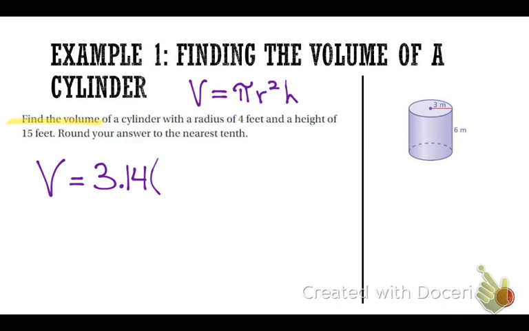Read the problem. What is it, Robbie? It's 4. Okay, so I'm going to plug in 4 where r went in the formula. I have to square it, and now I multiply it by the height. Does that problem tell me what the height is? What's the height? 15 feet.